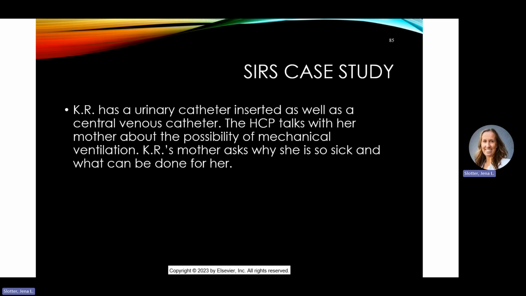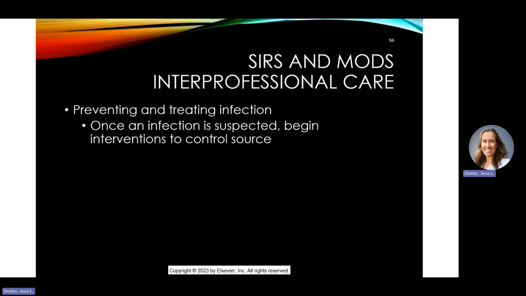So our patient has a catheter inserted as well as a CVC. The doctor's talking about possibly putting her on a ventilator, and her mom is asking why she's so sick, what are we going to do for her? So as we talk about care for these patients, really strict asepsis, really assessing the need for any invasive lines that they have, and then really aggressive pulmonary management is super important.